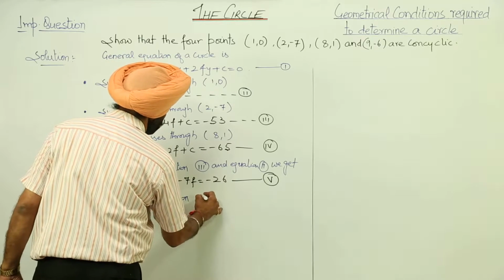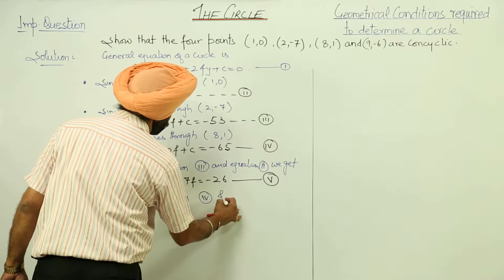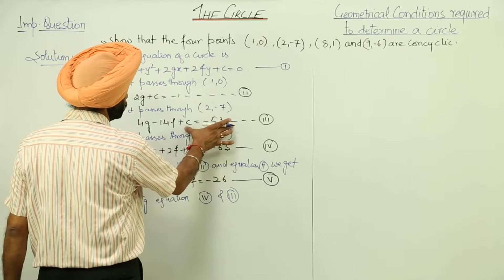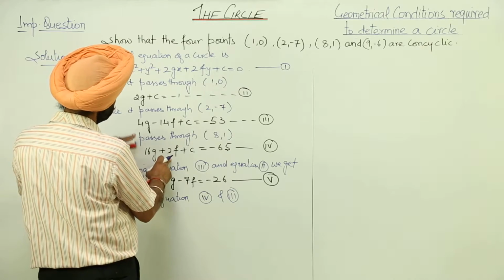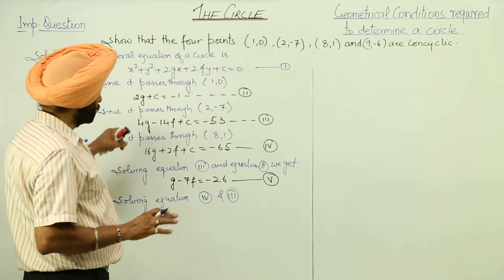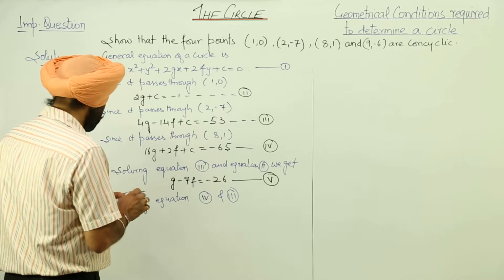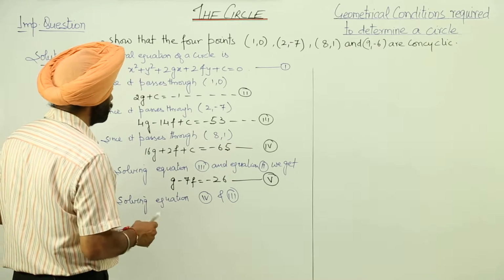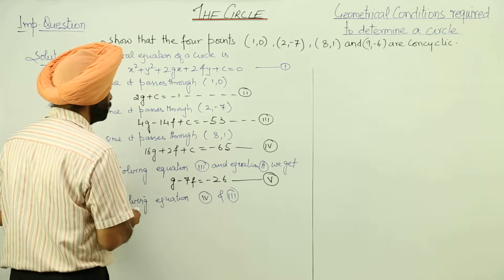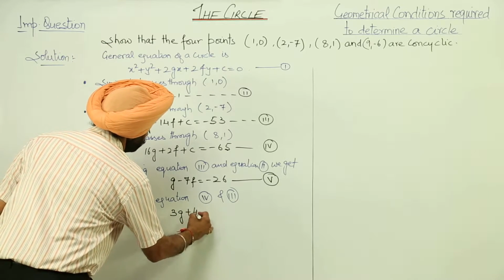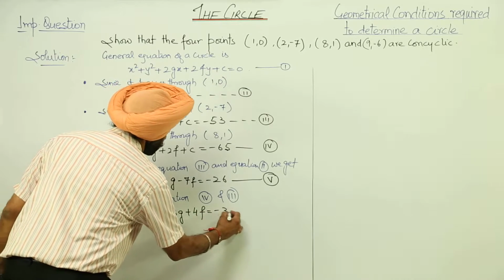Solving equation 4th and 3rd. Now, equation 4th is this one, and 3rd is this one. Now, we are going to solve these 2 equations. Basically, we are just eliminating c. Now, solving 4th and 3rd, we are getting 3g plus 4f is equal to negative of 3.